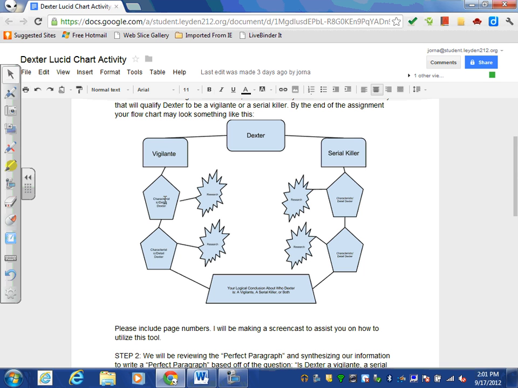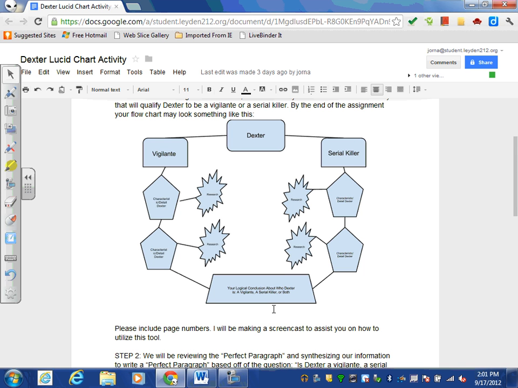And then you went for characteristics of Dexter, research, characteristics of Dexter as a vigilante, research. Then you have serial killer, research, characteristics of him as a serial killer, research, and then you pare it down into your global topic sentence.